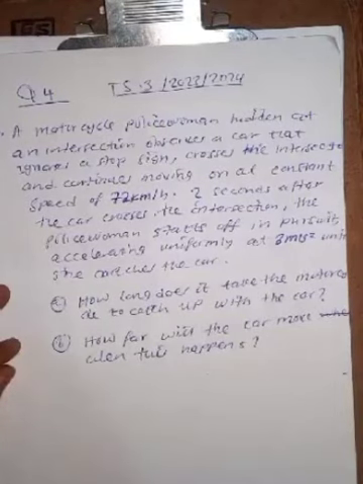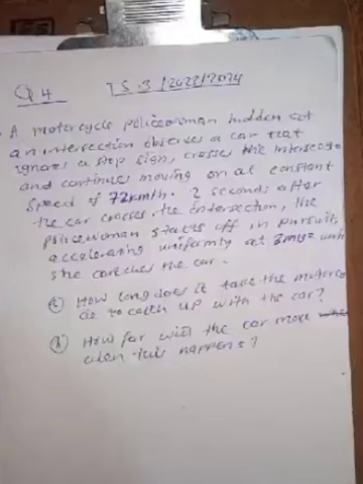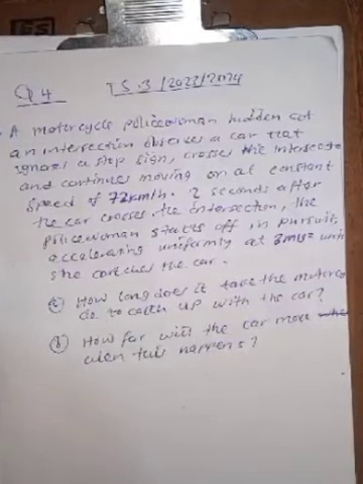A motorcycle policewoman hidden at an intersection observes a car that ignores a stop sign, crosses the intersection and continues moving on at a constant speed of 72 km per hour. So the car crossed the stop sign without stopping and was moving at the same constant speed, which is 72 kilometers per hour.